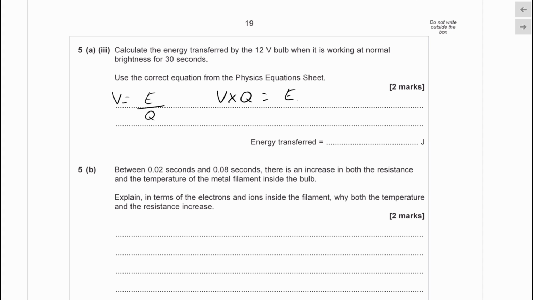And if we just sub in those numbers, we get energy is equal to, well, the voltage was 12 volts, okay, times by, what was the charge over those 30 seconds? Well, it was 51 coulombs, and you do 12 times 51, and that'll give you a total of 612. And we don't need the units because they've given us that, so it's 612 joules is your answer there.